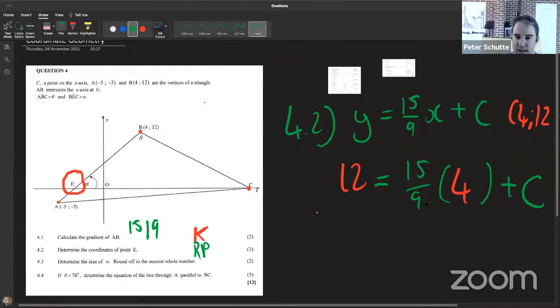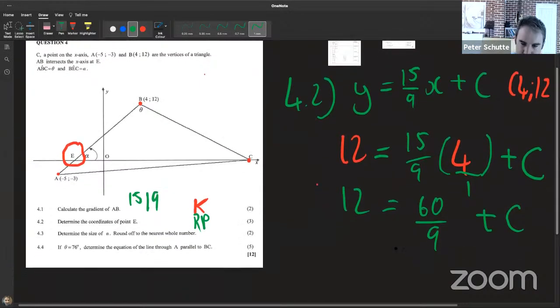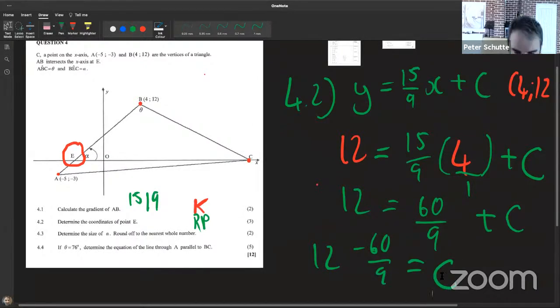You can use your calculator first, but 4 is just 4 over 1, so I get 60 over 9 plus c. I just multiply the 4 with the 15 on top. Then if I take away 60 over 9 from both sides, I get this. So let's see what c is: 12 minus 60 divided by 9. I get 5 1/3.